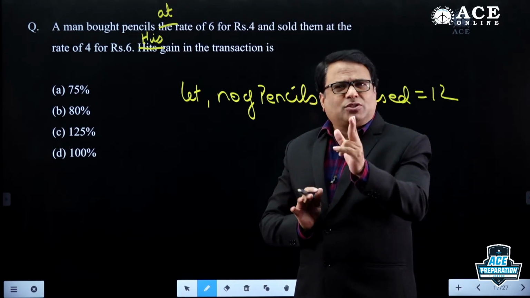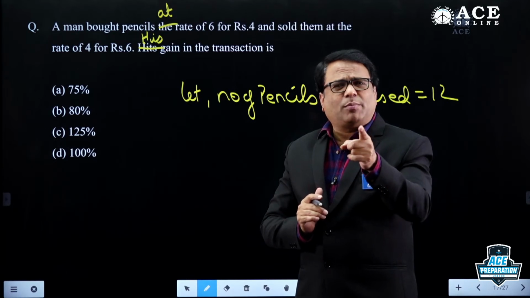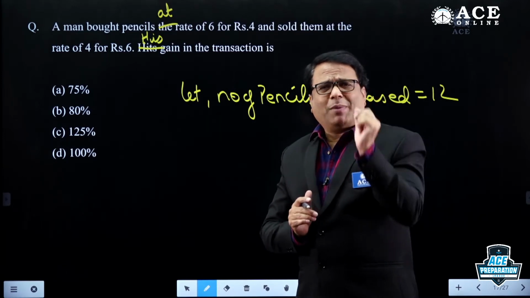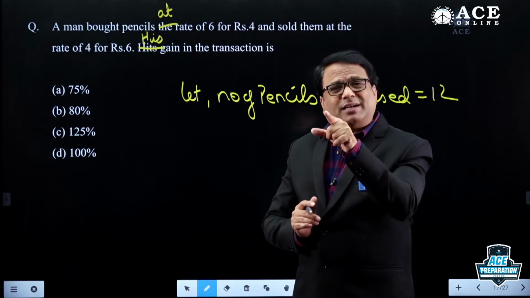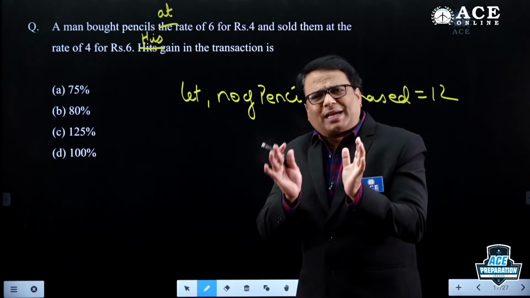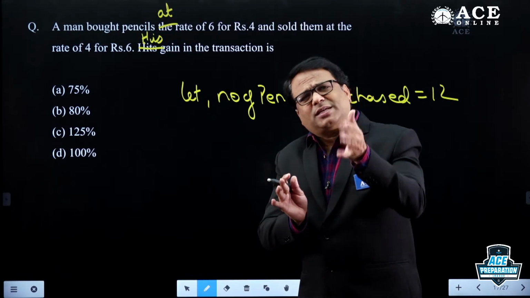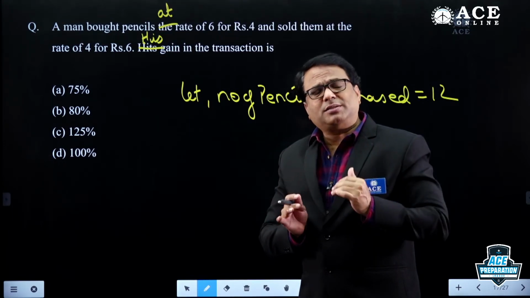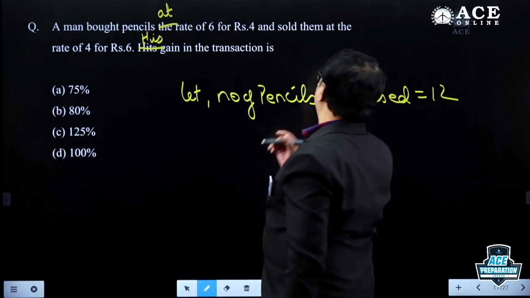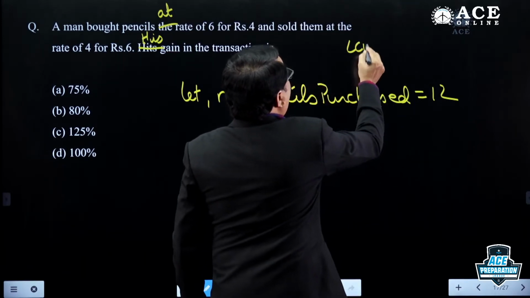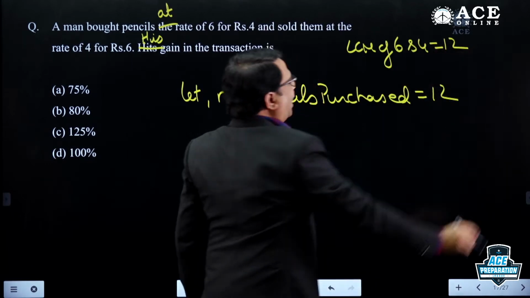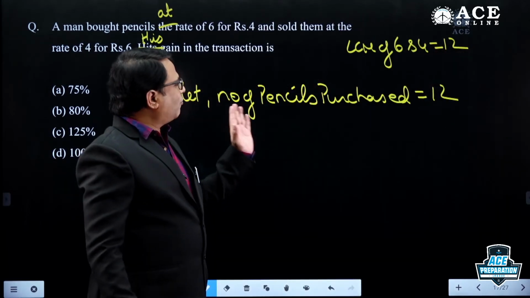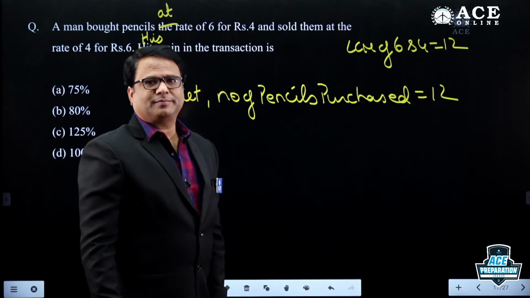That means the LCM of 6 and 4. And the LCM of 6 and 4 is 12. Therefore, I assume the number of pencils purchased is 12.